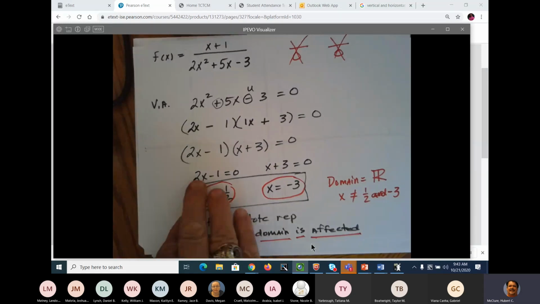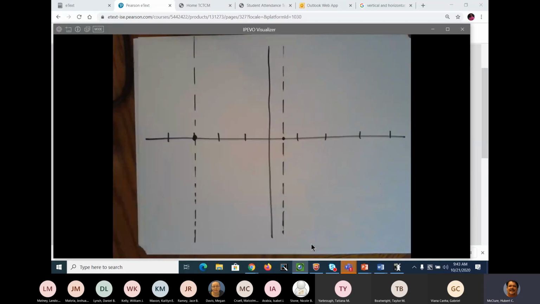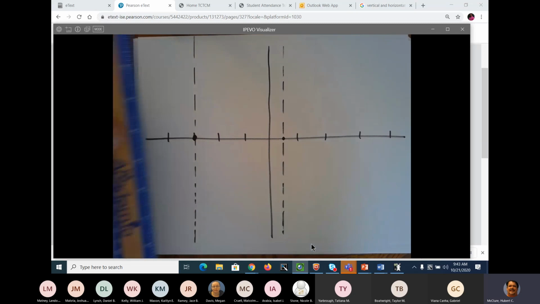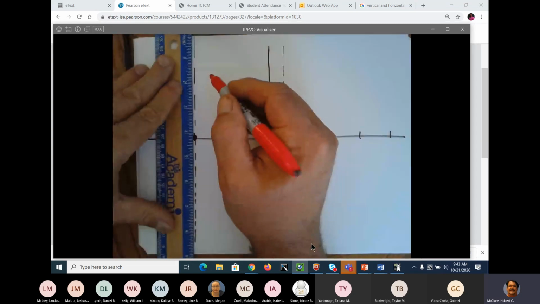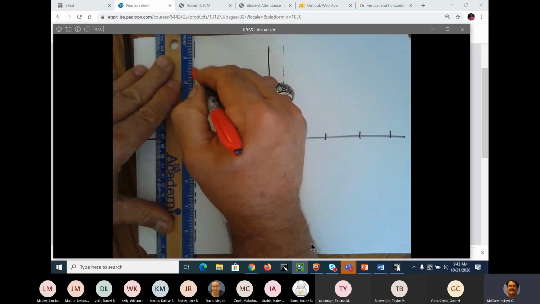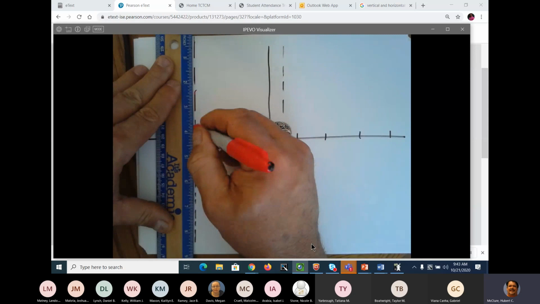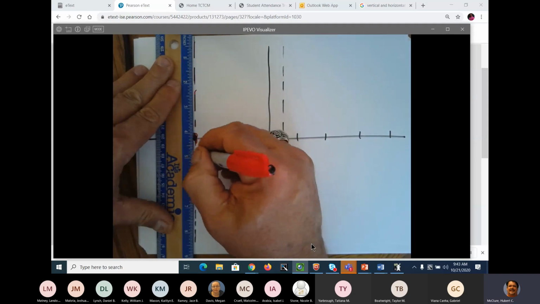And as you can see, I cannot use x equals -3. I can't use it. So I have to put a dashed line there because the function does not exist at negative 3.